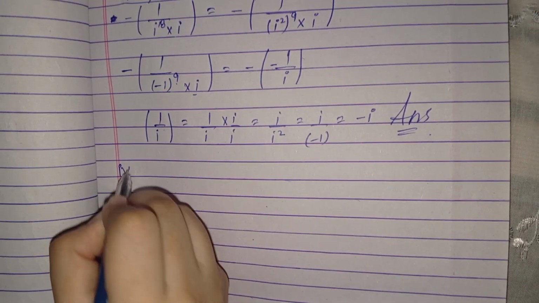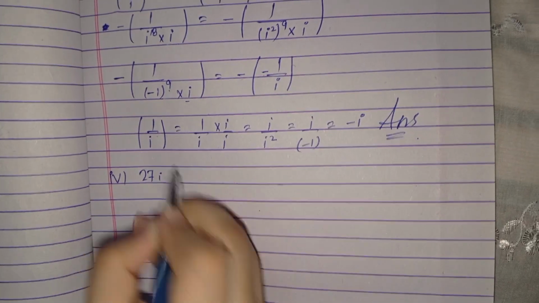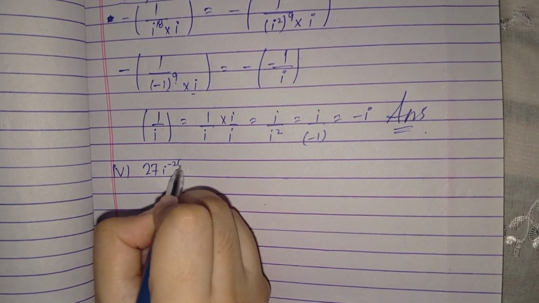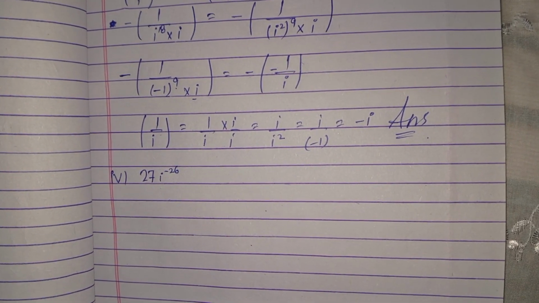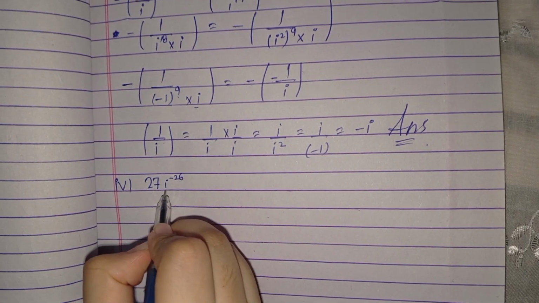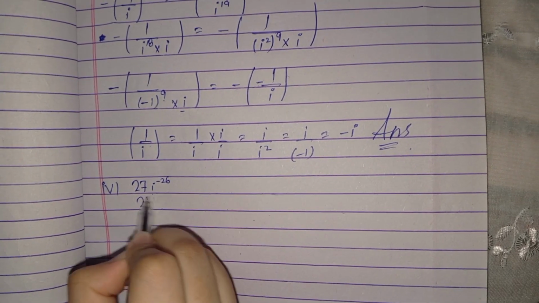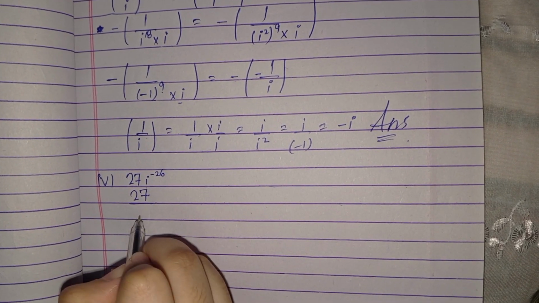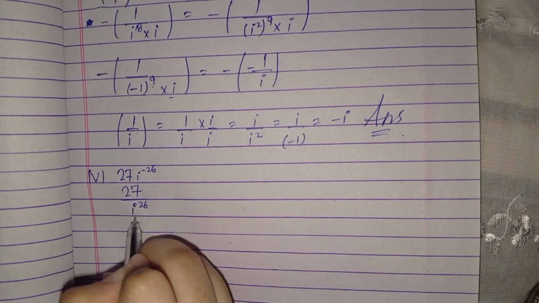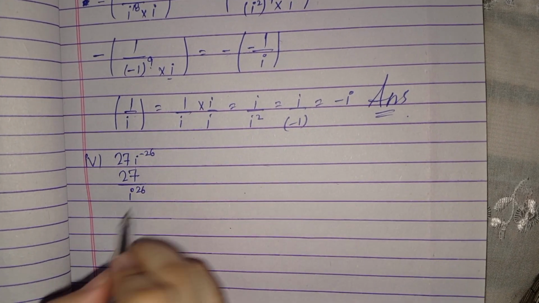Now part 4: 27 iota power -26. Now you have to see that the -26 is with iota, not 27. So 27 remains here, and over iota power 26, we have taken the reciprocal. Don't confuse it.